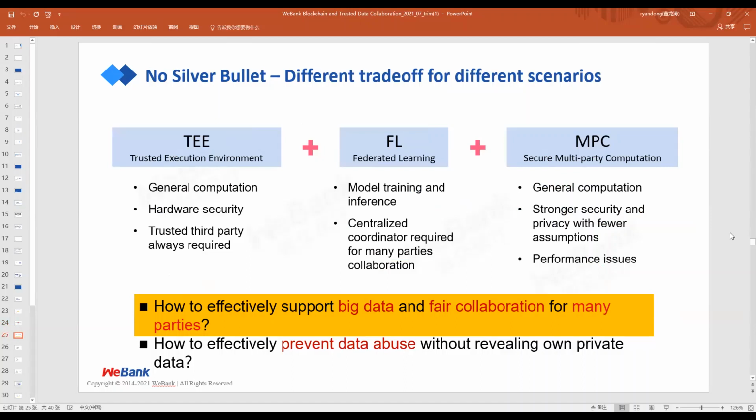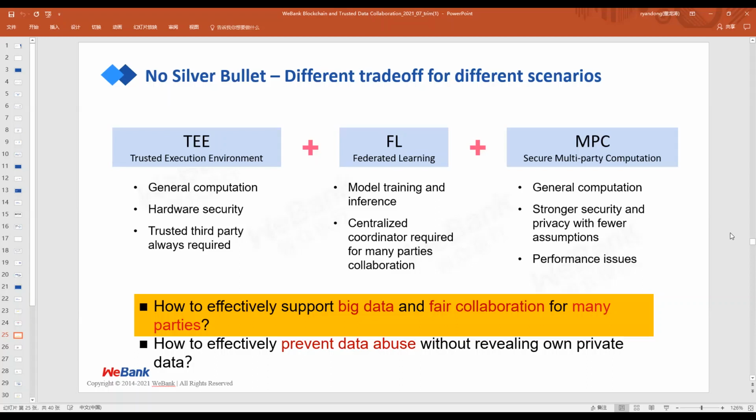The idea is you assume the hardware creates a secure box for you, and you put all the data inside that secure box, do all the computation, and then it generates the output. That's all. But you need to trust the hardware and all the other things to guarantee its security. So this is easy to explain, but actually hard to enforce.